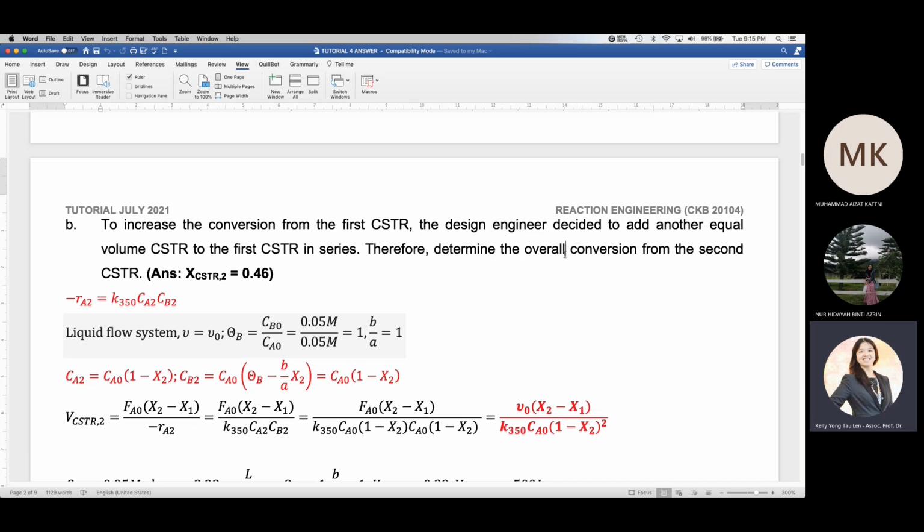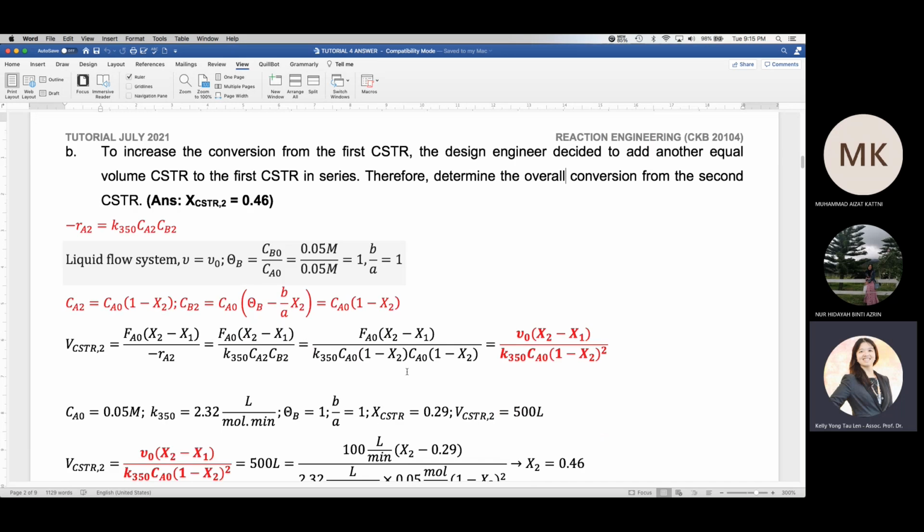Okay, so how do we do this? Dalam note saya, dalam chapter 4, saya sebenarnya tak address reaktor yang bersiri. But kamu dah pernah belajar dalam chapter 2. Tapi chapter 2 tu macam saya cakap, you learn a little bit on chapter 2, reaktor berseries.